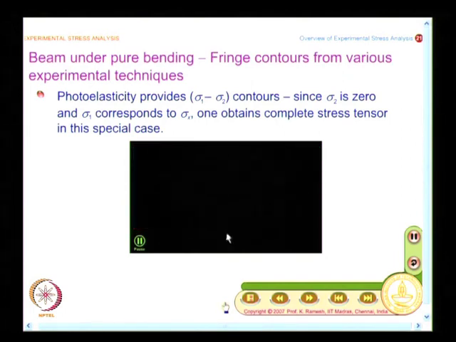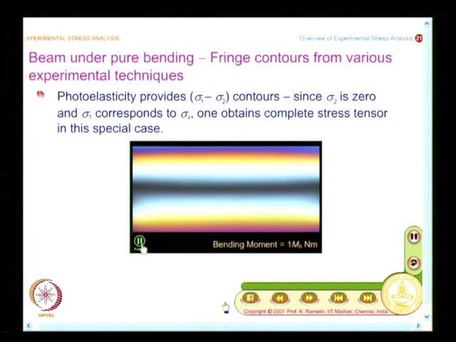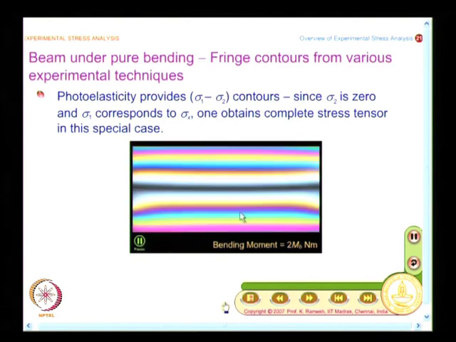And what you see here is, I have increased the load in steps of 1, and you find that this is fringe order 0, fringe order 1 at the bottom, and when I double the load, I see the fringes doubled.